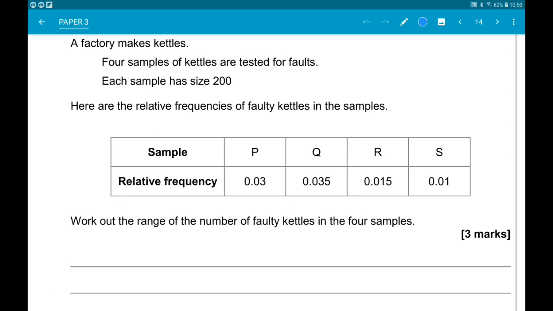So for Q, to work out the number of kettles, we do the relative frequency times the sample size. The relative frequencies are essentially percentages. So, a relative frequency of 0.035 is the same as 3.5%. So, all we do is 0.035 times 200, and that gives us 7.